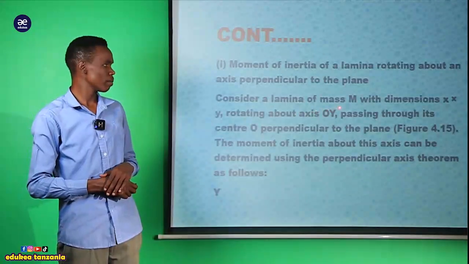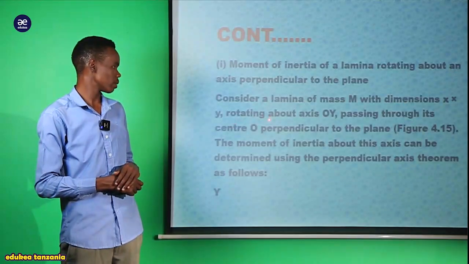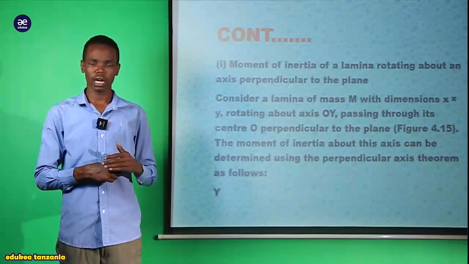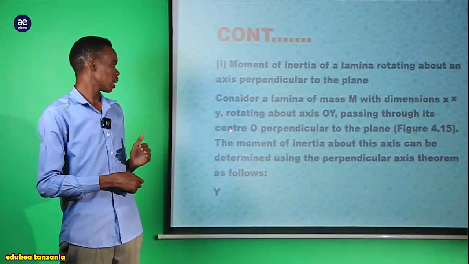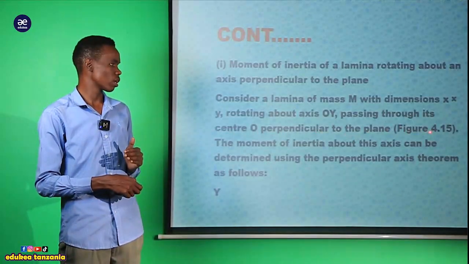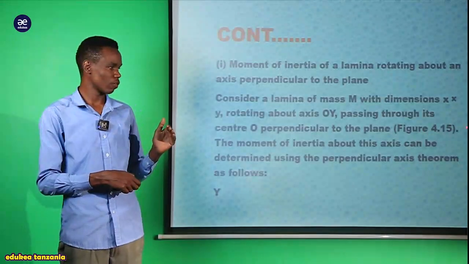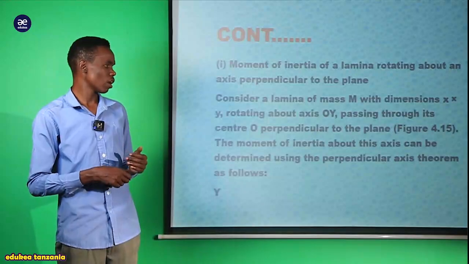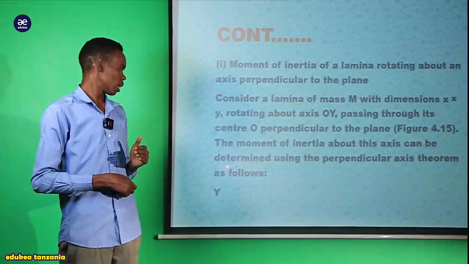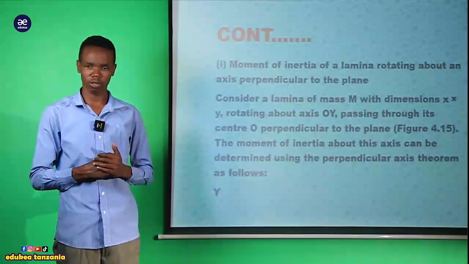So consider a mass m with dimensions x, y, rotating about an axis OY passing through its center, perpendicular to the plane, in figure number 15 for topic number 4. The moment of inertia about this axis can be determined using the perpendicular axis theorem.